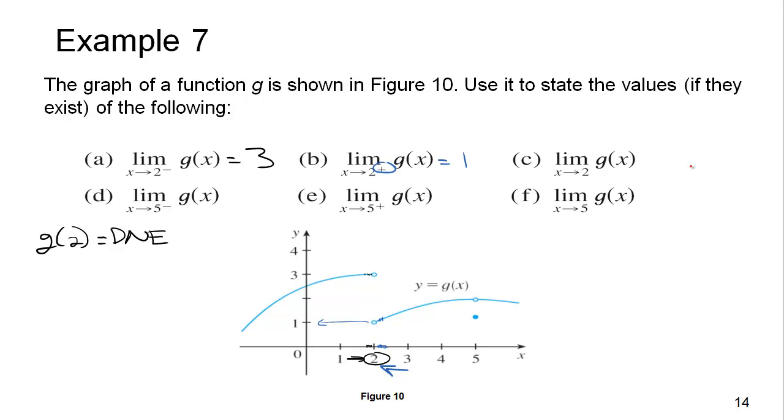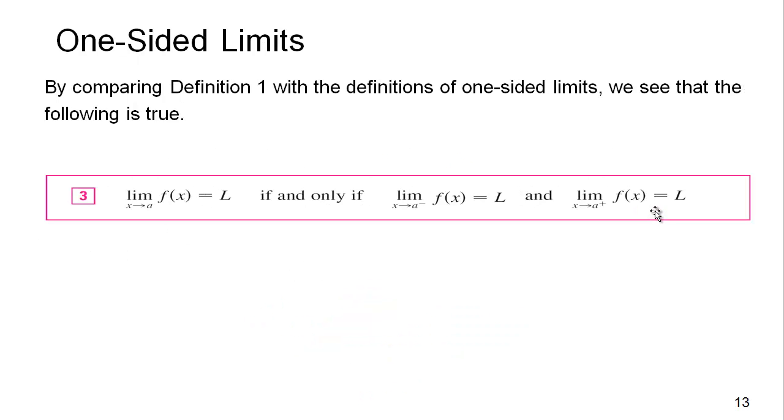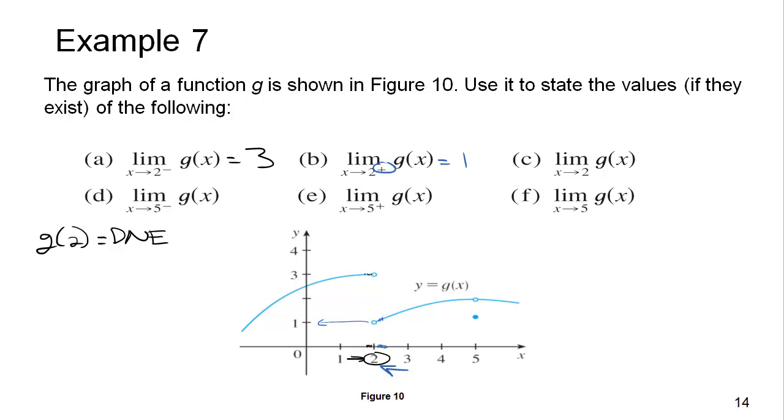So what about the limit as x approaches 2? What does the overall limit equal? And hopefully you remember from the definition that if the limit exists, the two one-sided limits have to exist and they both have to be the same number. So because they're different, this one does not exist. Okay, let's look at another example.